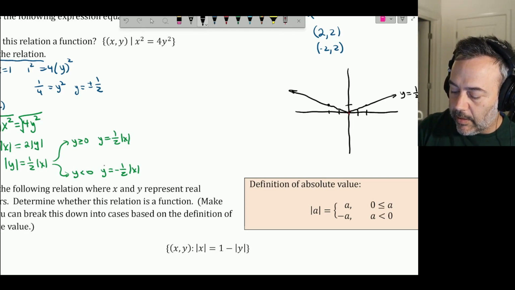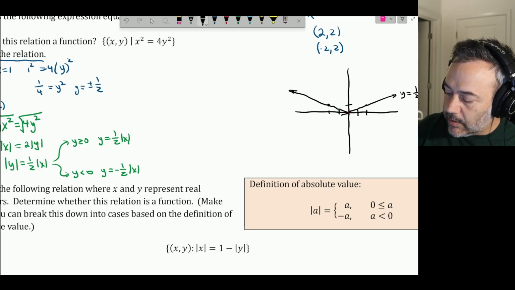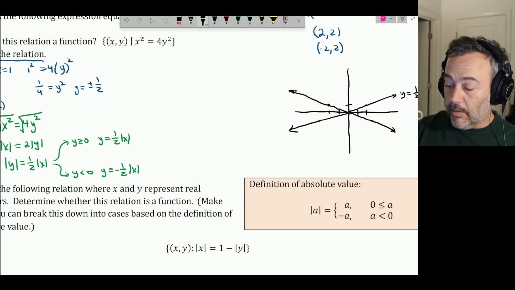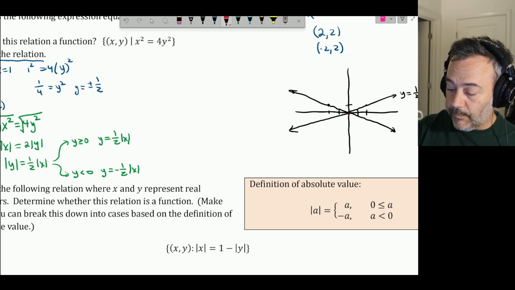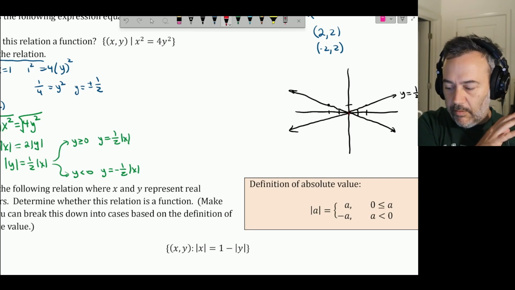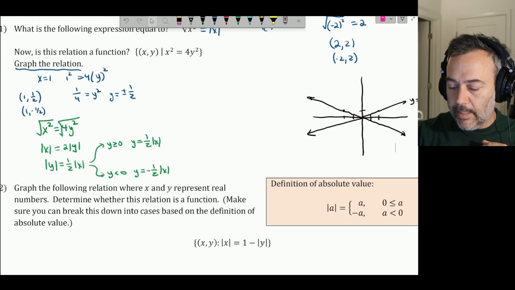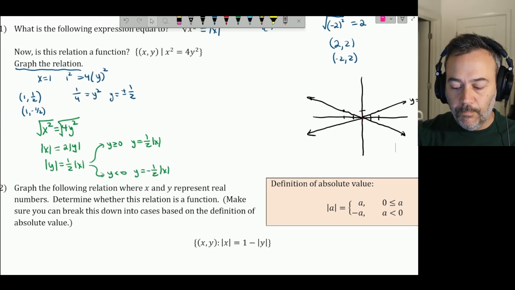Now, what about the equation on the bottom? It's actually just the same graph flipped over the x-axis, so it looks like this. And that's it. We've graphed it. Another way you could have done this, and let me clarify one thing. The points that I just plotted on the picture are the coordinate pairs that satisfy the given relation.